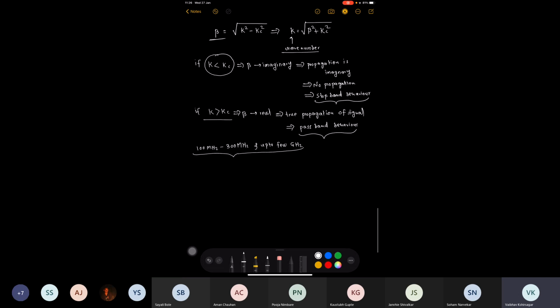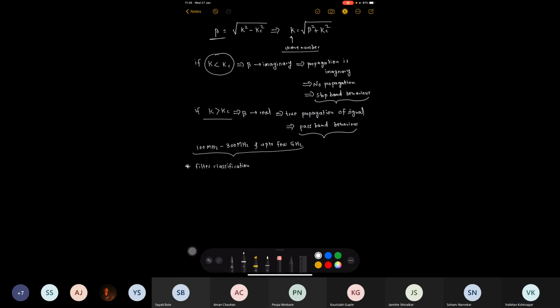So in terms of circuit design, the filter can be constructed in two different ways. Okay, in terms of circuit configuration, I will call it filter classification with respect to component type.